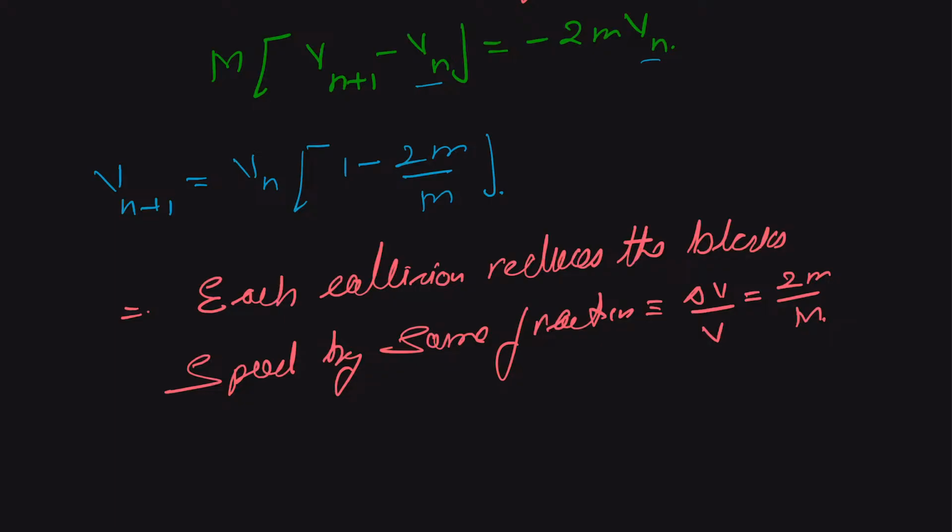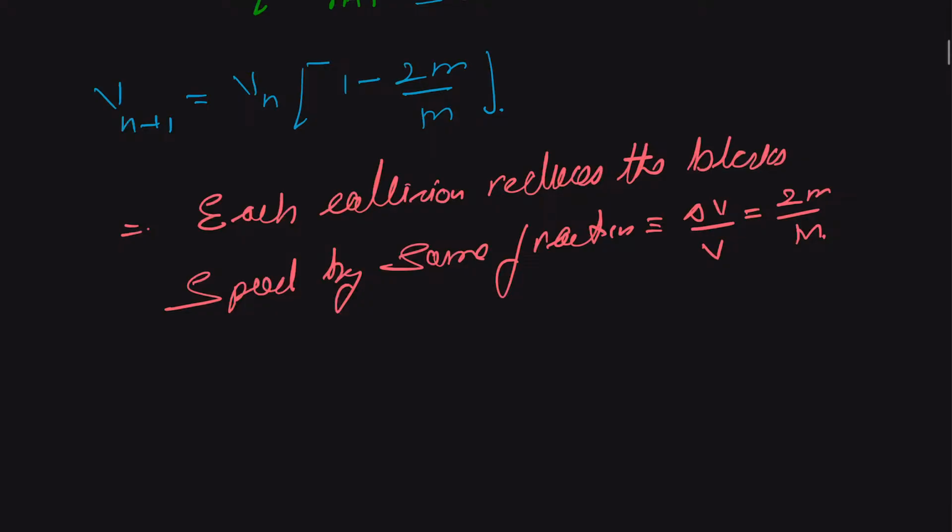Now this process is going to recur time and again because there are n collisions between the block and the ball. Therefore, we can make a recurrence equation.